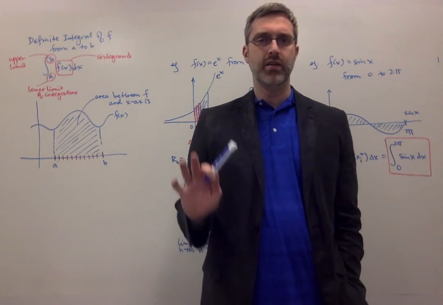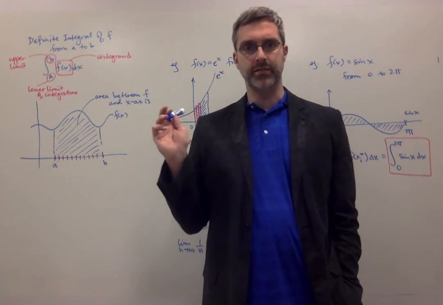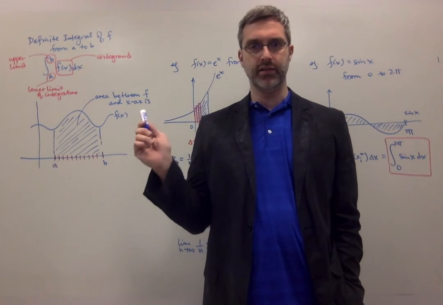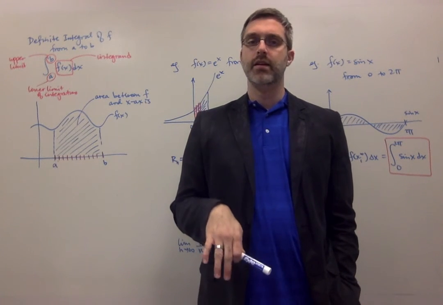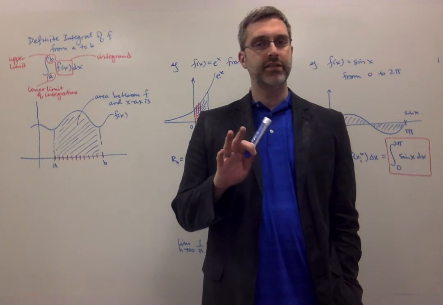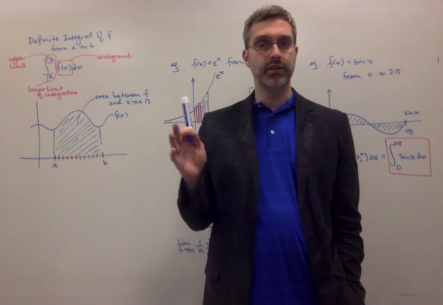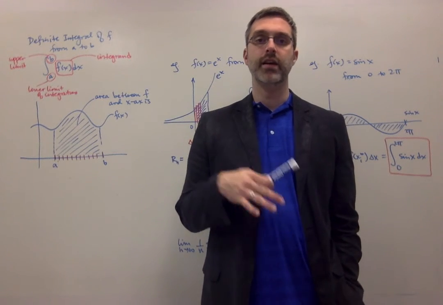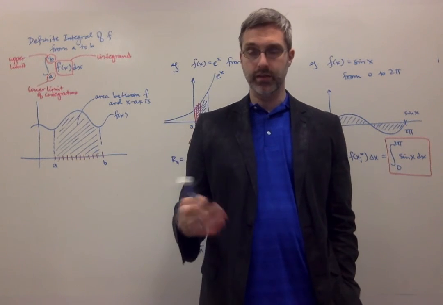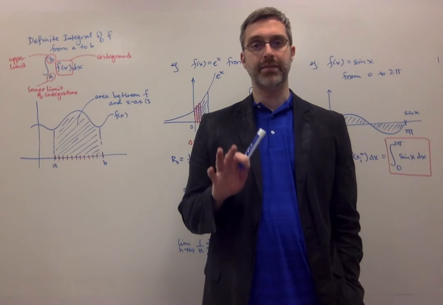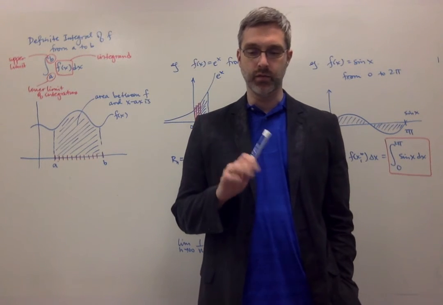When you first run into Riemann sums, when you first run into using rectangles to approximate area, it's best to just think of using equal width, and we will do this all the time with equal width rectangles. It doesn't have to be equal width, but we won't get into what happens when it's not. Okay.